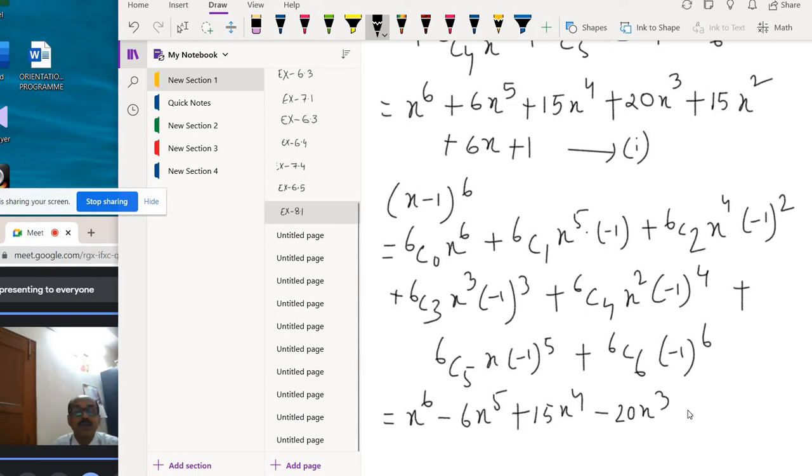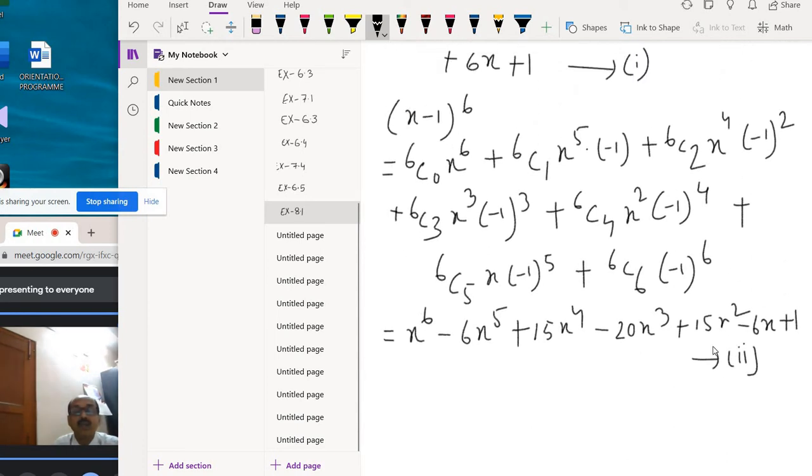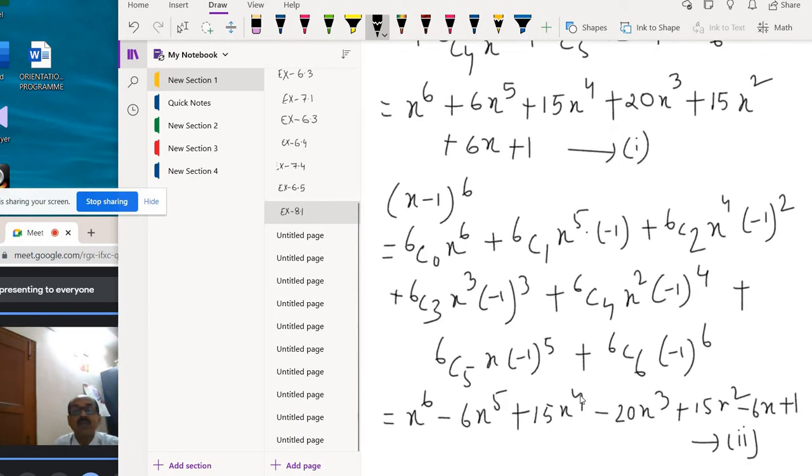Then (minus 1) to the power 4 is plus, so plus 15 x square, minus 6x, and lastly plus 1. This is equation number 2. Because of the minus sign, 1 plus 1 minus: x to the power 6 minus 6 x to the power 5 plus 15 x to the power 4, then minus 20 x cube plus 15 x square minus 6x plus 1.